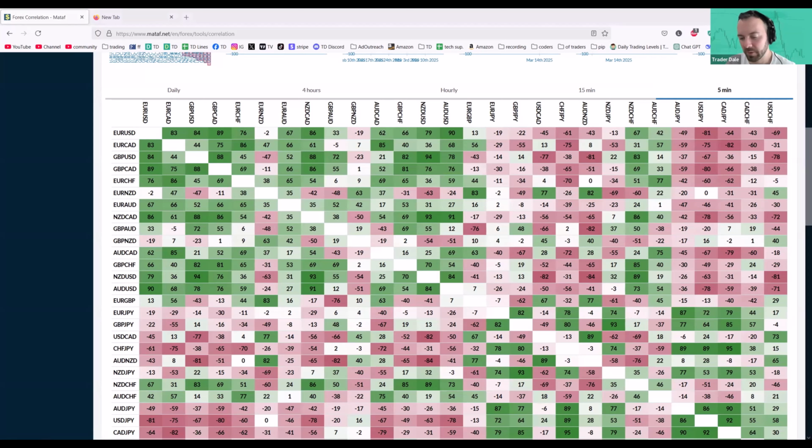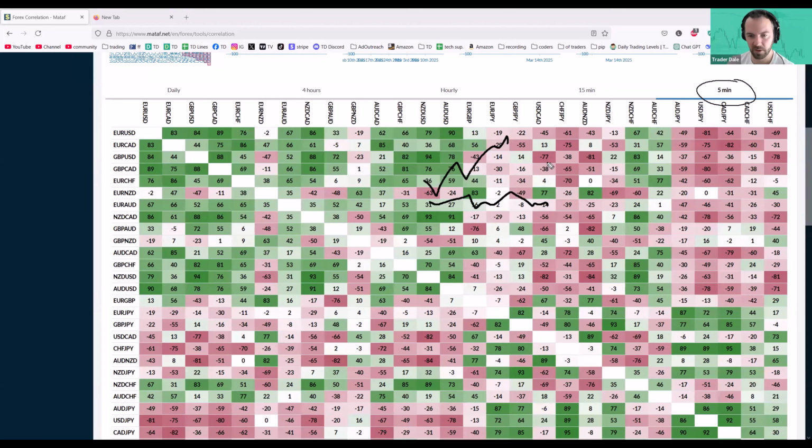Well, not distorted, but you want to focus only on the big picture, like what's typically the correlation for the pairs you are trading, right? So on the 5-minute time frame, it could happen that EUR/USD will move independently of USD/CHF, right?